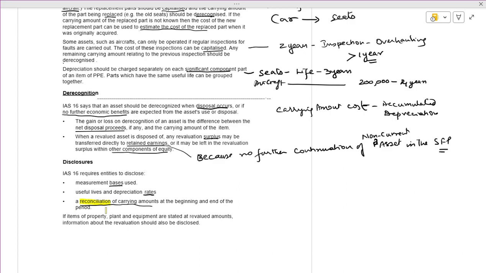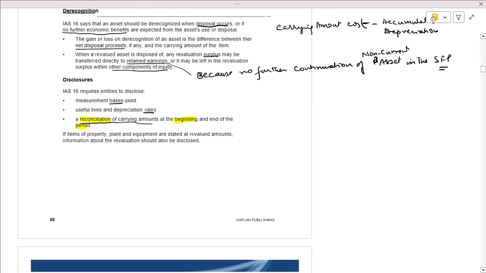Reconciliation is nothing but the value at the beginning and the value at the end of the period, plus any adjustments if done, and what is the difference. If items of property, plant and equipment are stated at revalued amount, information about the revaluation should also be disclosed. That is the reason why we say it is faithfully represented.